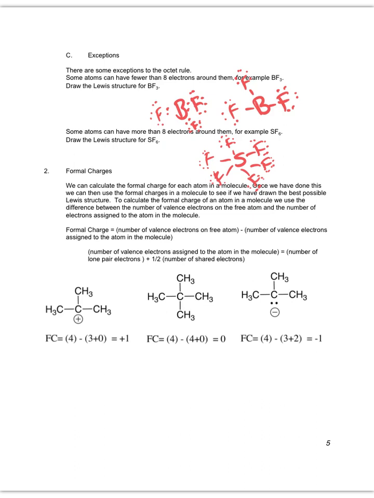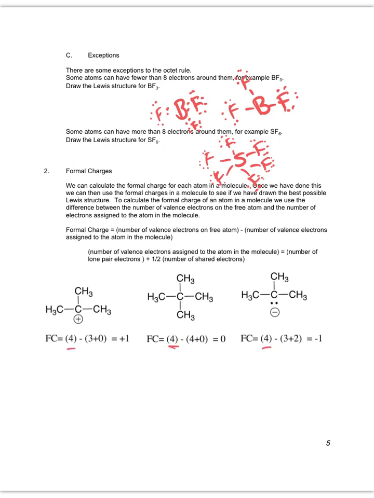Okay. To calculate formal charges, remember, you've done this back in general chemistry, I'm sure, to figure out the formal charge, you take the valence electrons for the free atom, so all 3 of these are carbon, so that's a 4.